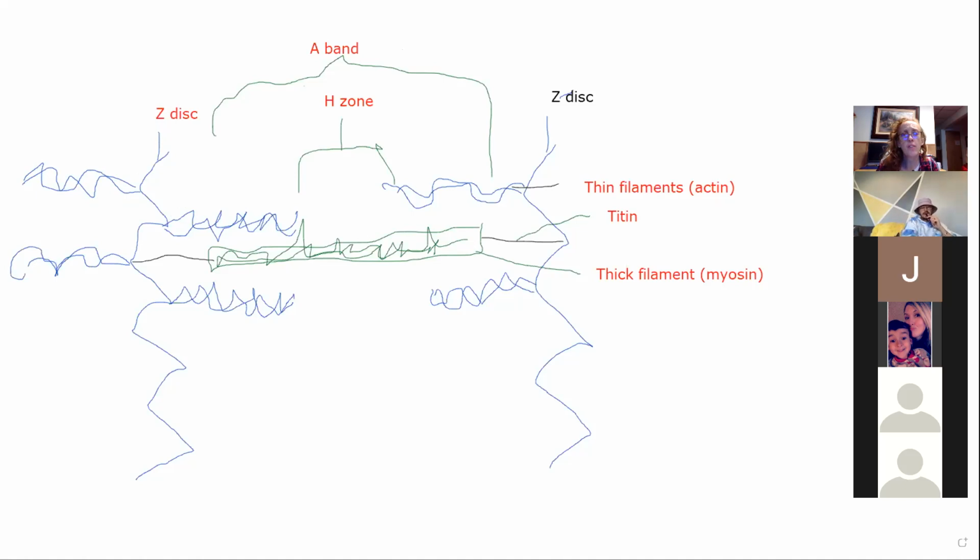And then I have my thick filaments that are attached to titin, and they run right along the length here.